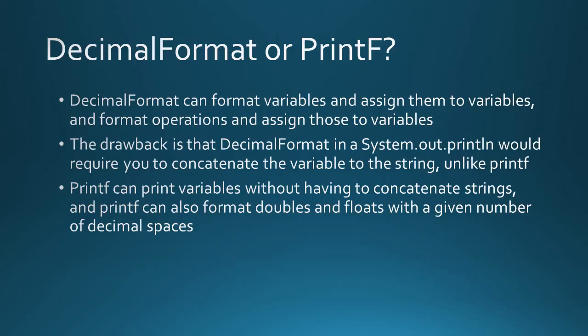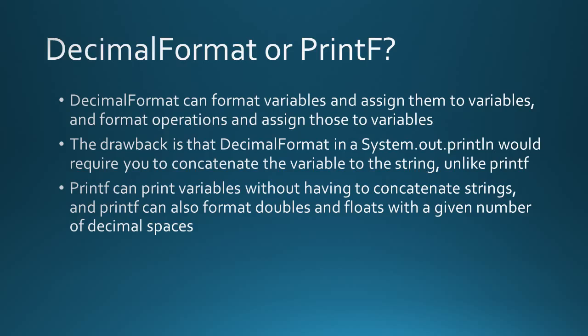With DecimalFormat, you can format variables and operations that yield decimal values to new variables. You can use DecimalFormat in the print statements as well, but the drawback is that they need to be concatenated with the rest of the string. PrintF, unlike DecimalFormat, can print out variables and format doubles and floats without having to concatenate the string.